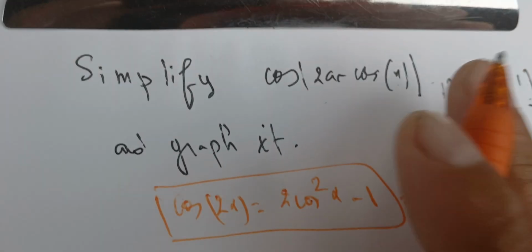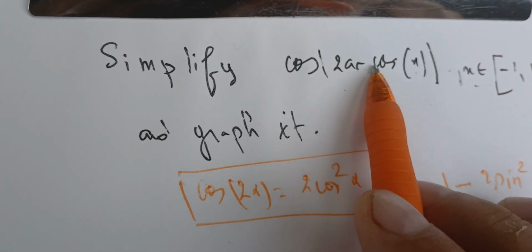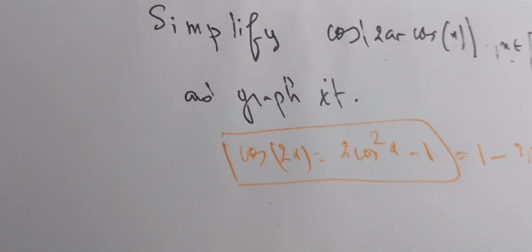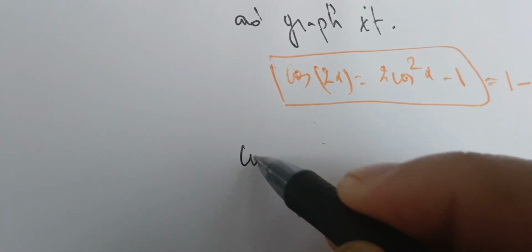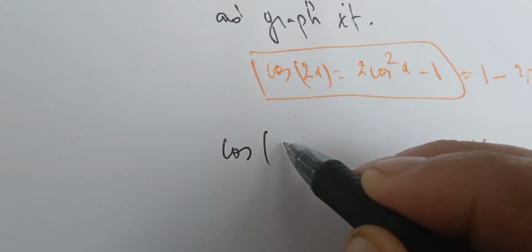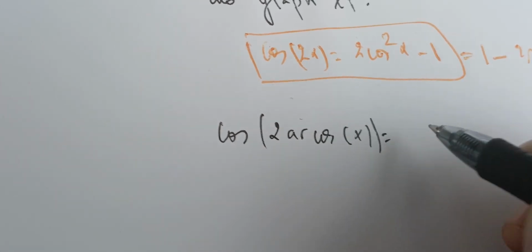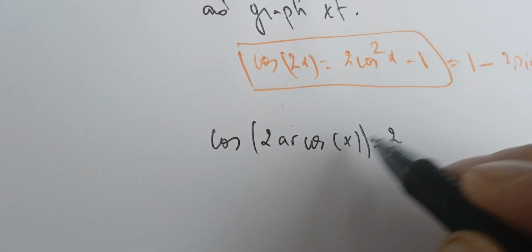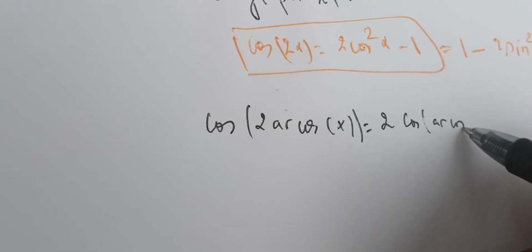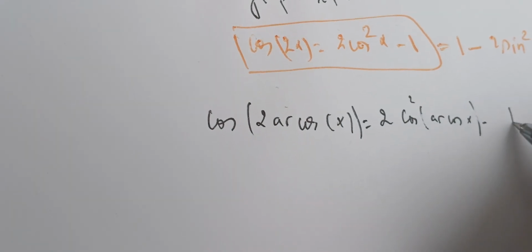So here we see that if we treat the arc cosine of x as alpha, we can write our function, cosine of 2 arc cosine of x, as 2 times the cosine of the arc cosine of x, squared, minus 1.